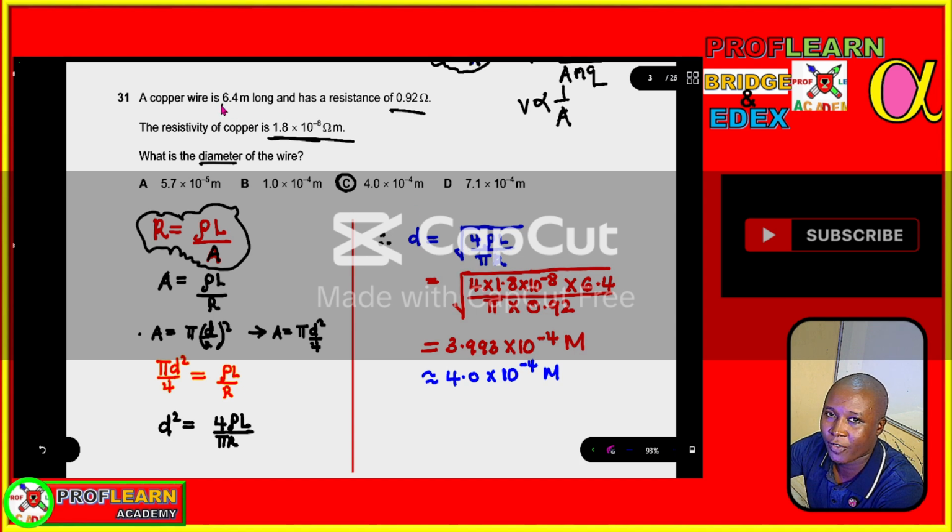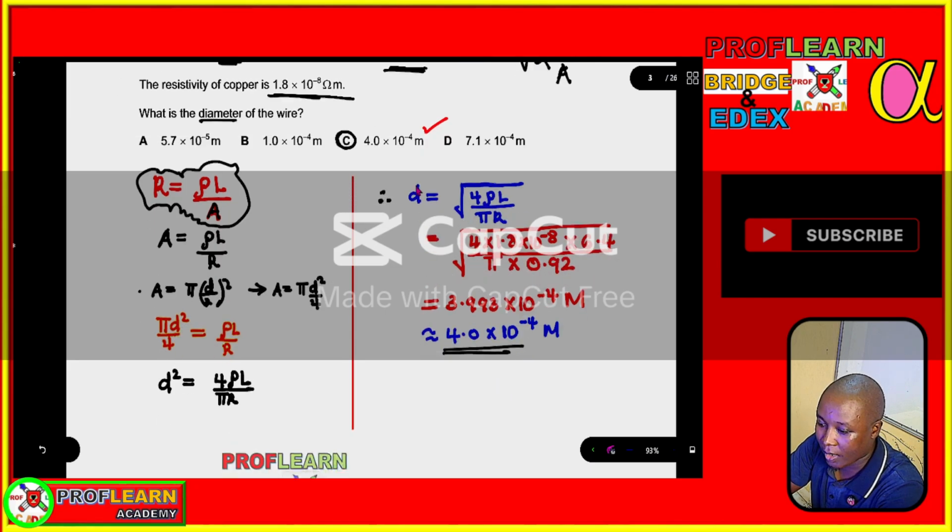Whenever you do this question, check whether the units are okay, and then we divide by pi times 0.92. If you work it out, you are going to get your answer being approximately 4.0 times 10 raised to power negative 4, and that is going to be option C. So that's what we're going to work out.